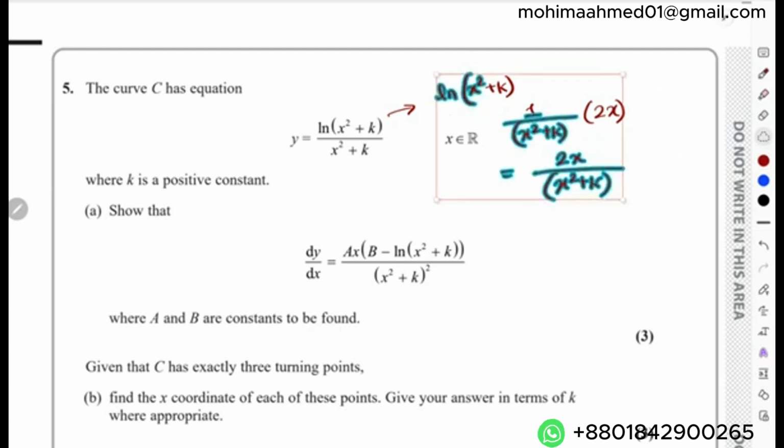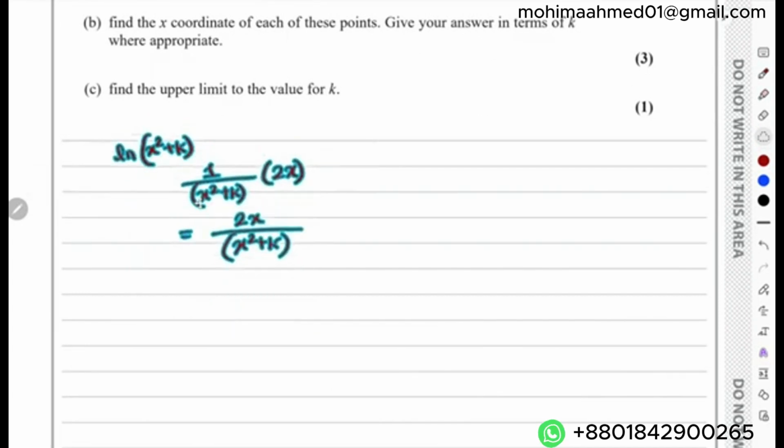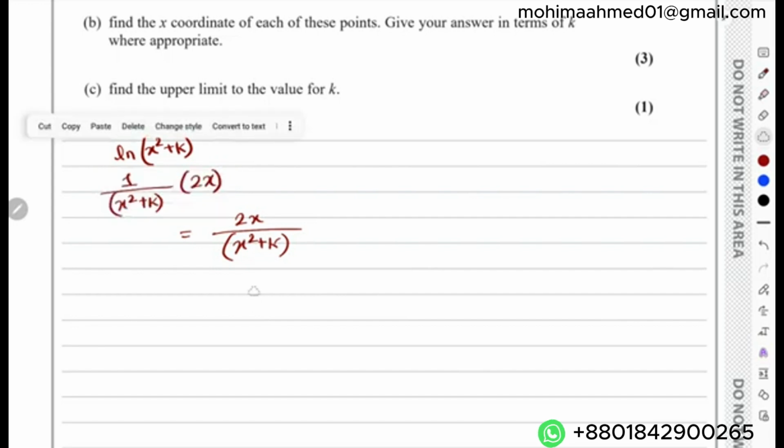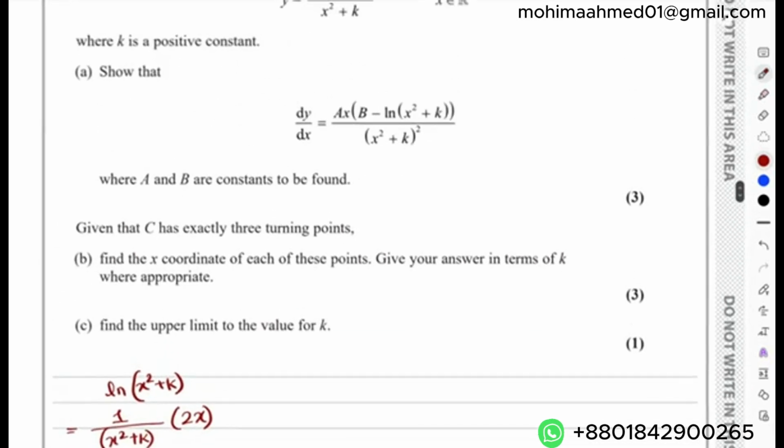Okay, so for this one, it's 2x over x squared plus 1.